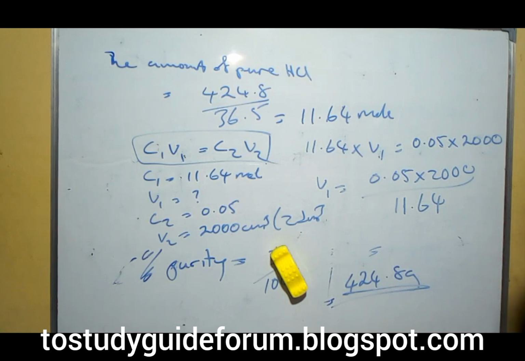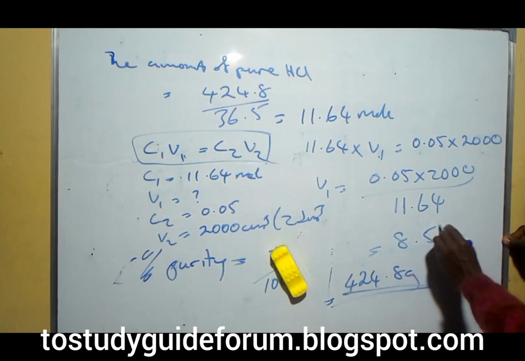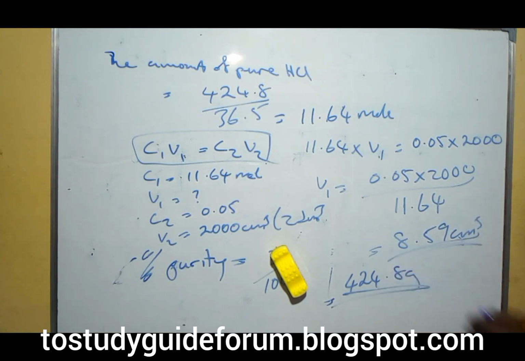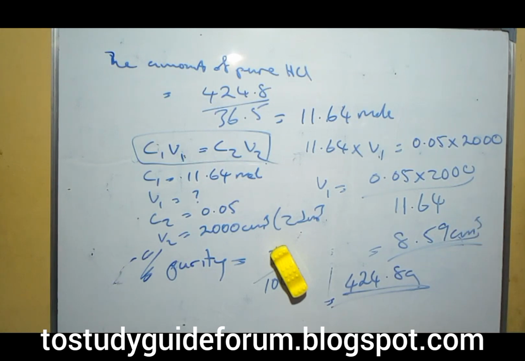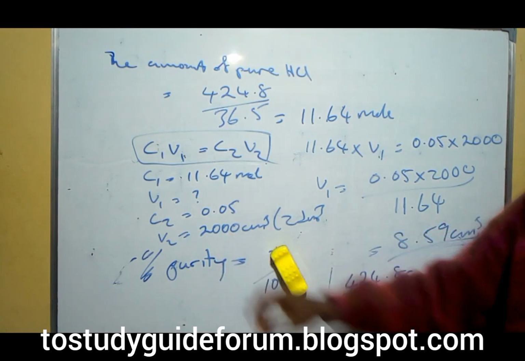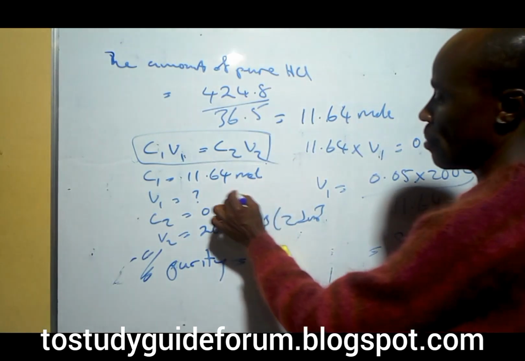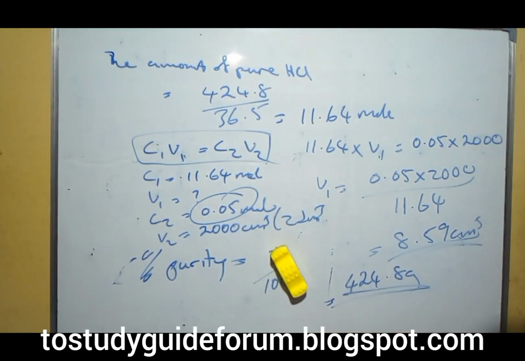When we divide through, the volume will then be 8.59 cm³. So what it means here is that if you measure out 8.59 cm³ and dissolve and make it up to 2000 cm³, what you have there will be 0.05 moles of the acid.